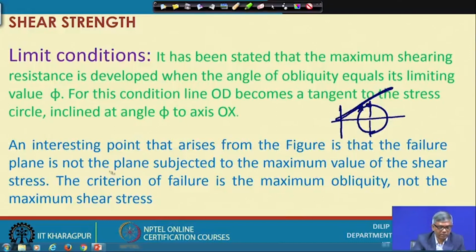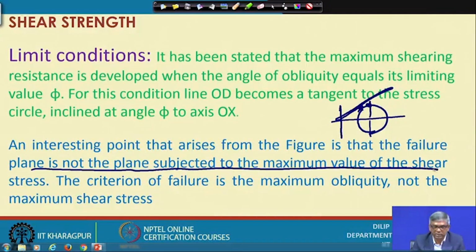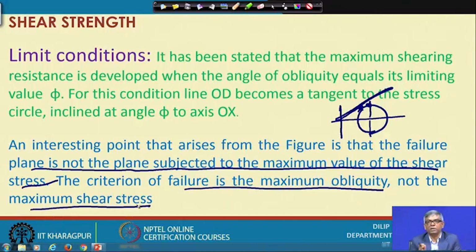So at this plane the point is not maximum shear stress; maximum shear stress is acting here. So the criterion of failure is the maximum obliquity, not the maximum shear stress. That means the orientation of the plane is more important than the maximum value of shear stress. They are of course quite close, but not exactly at the maximum value.